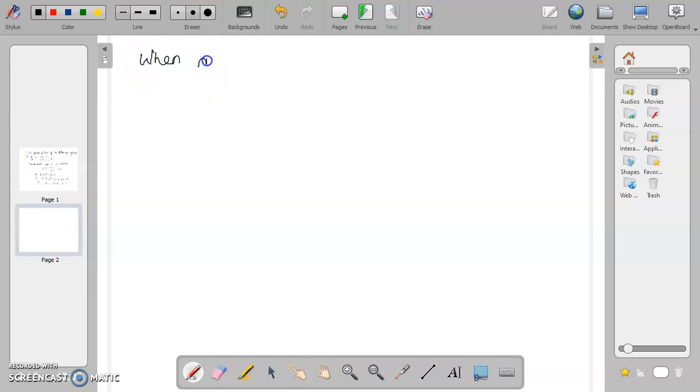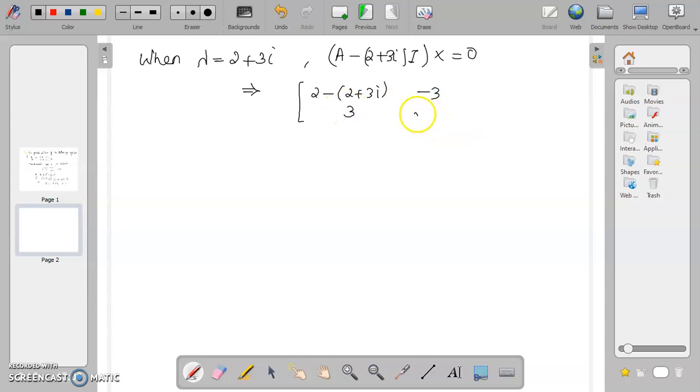So when lambda is equal to 2 plus 3i, we need (A minus (2 plus 3i) I) x equal to 0. So this equation gives, you will get 2 minus (2 plus 3i), minus 3, 3, then 2 minus (2 plus 3i), x equal to 0.